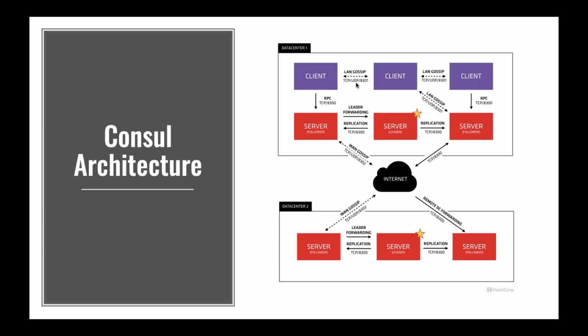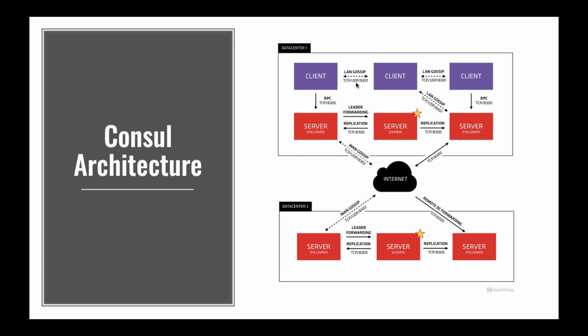So the server is going to be the control plane, whereas the client is the proxy that actually sits next to the service. So the server typically runs what is called an agent, and this agent is highly available in production environments.